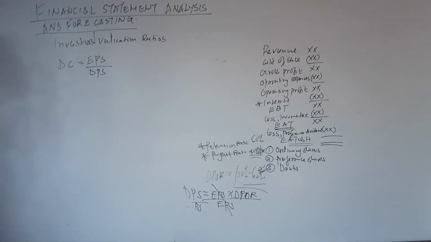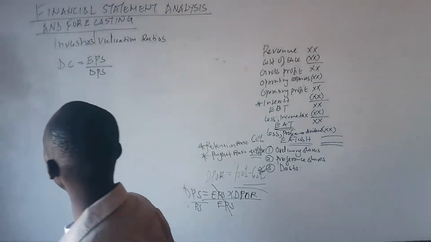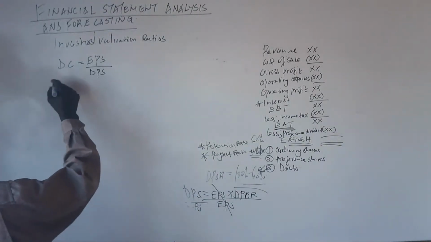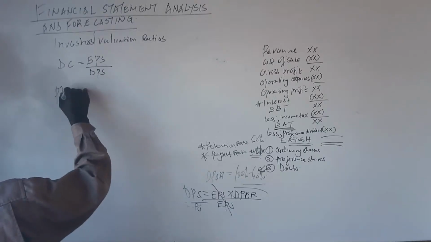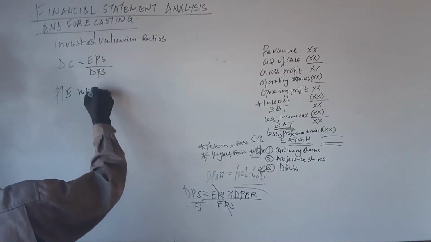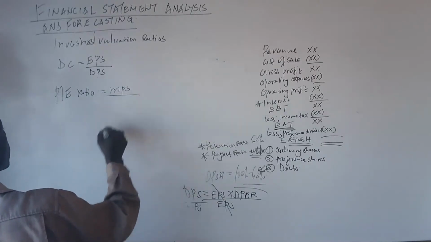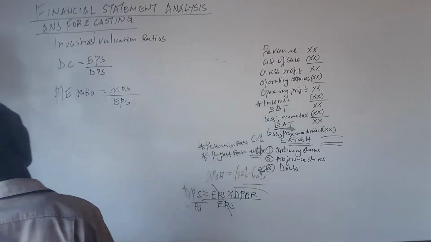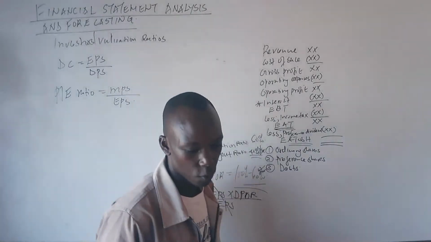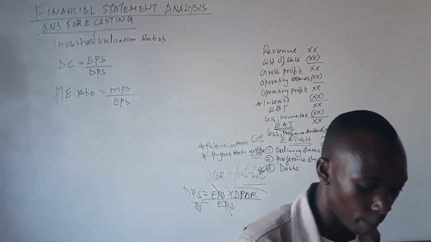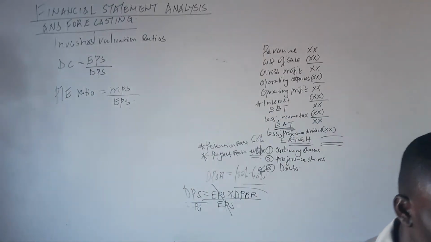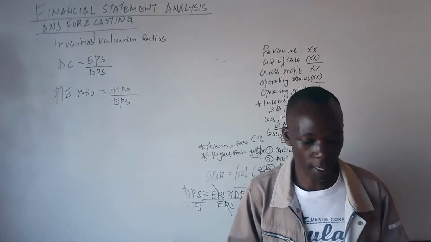So how can you get the PE ratio? PE ratio is given by MPS over EPS. That is how you are going to get the PE ratio.